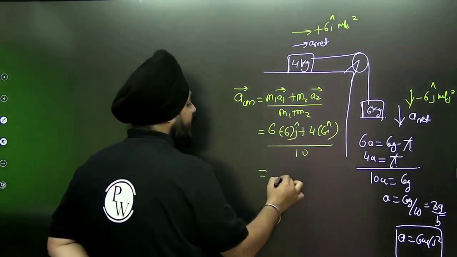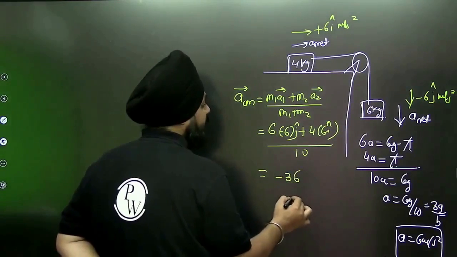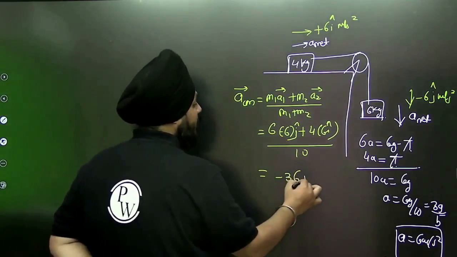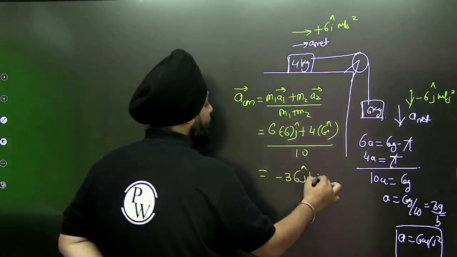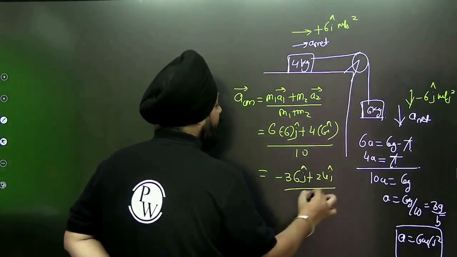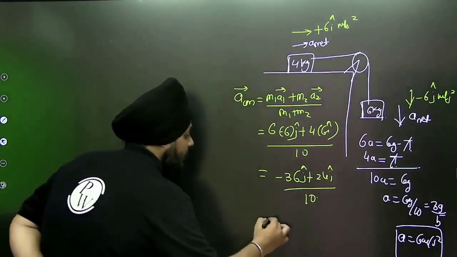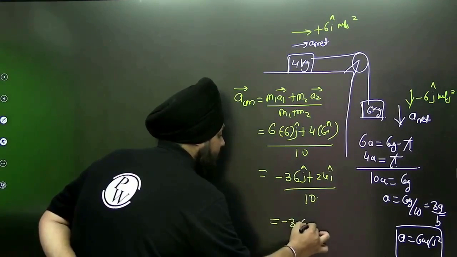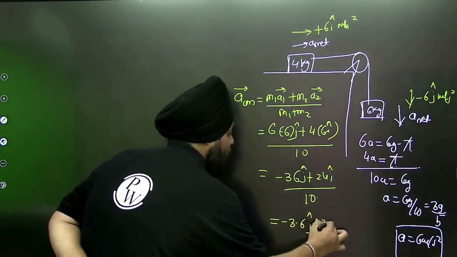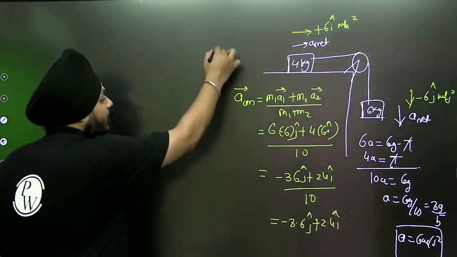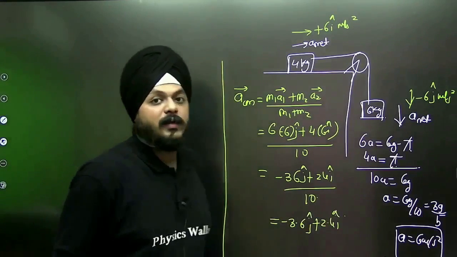So we are going to get negative 36 j plus 24 i, whole divided by 10. So it is equal to negative 3.6 j plus 2.4 i. This is the acceleration of the center of mass.